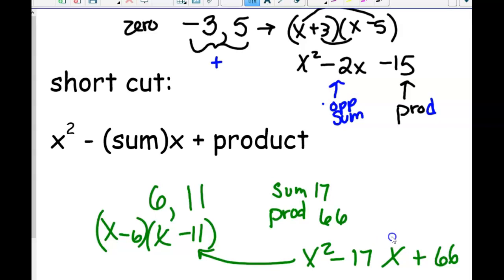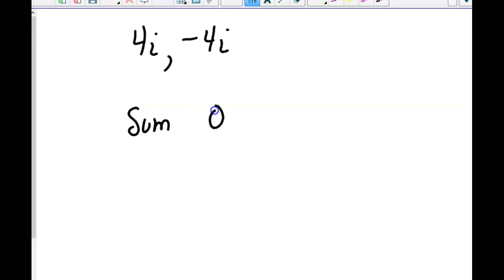Okay? Because I want to do that one more time with some lovely numbers like this. What is the sum of those? 0, yes? What is the product of those?